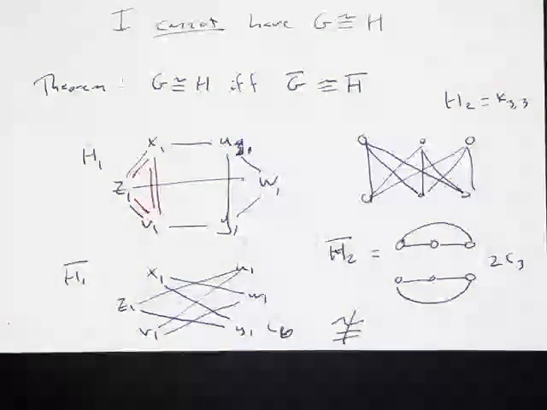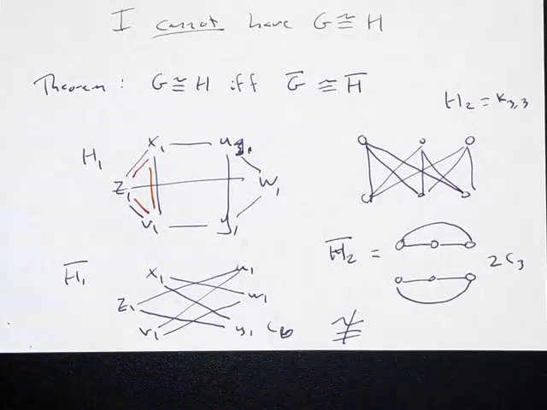Here's another way to examine isomorphism: structural properties of a graph, a difference between one and the other. It's the idea of having an odd cycle.